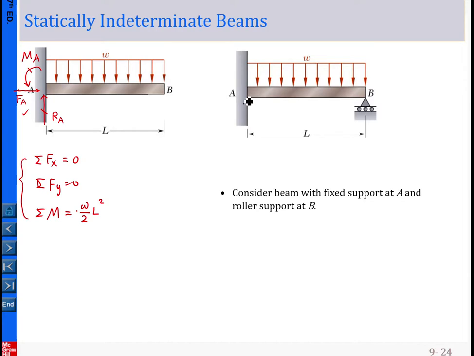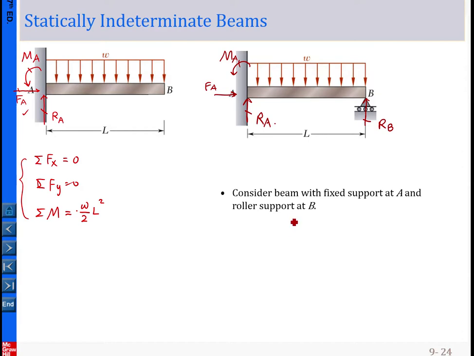Basically here, let me change the color, we have the same reaction forces as the left hand side example: this is FA, and this is the bending moment at A. In addition, at this support we expect a reaction force RB.